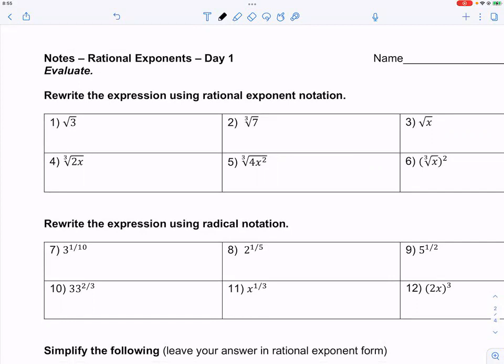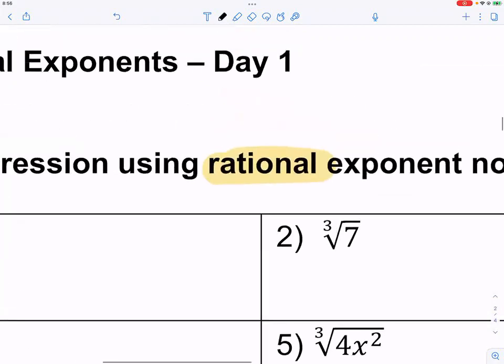Okay. All right. So when we have to write it, yeah. By the way, do you know the meaning of rational in math? Anybody? Because I didn't know when I was in math back in high school, and I feel like that's a pain, not knowing what rational means in math.